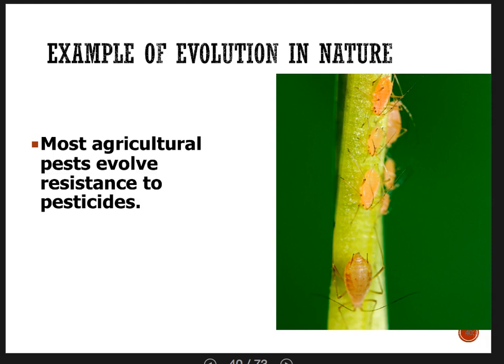So let's take these principles of variation in the population, heritability, and differential reproductive success, and apply it to these pests. Okay, so the first one is that there's variation in the population. Some of these pests, by chance, by mutation, happen to have a variant that if you spray it with a pesticide, it won't die until it reproduces.